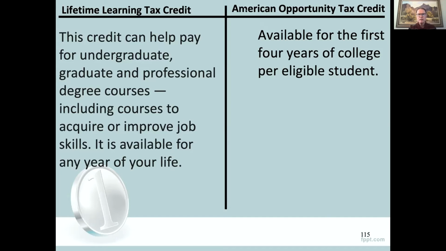You can take it and apply for a graduate, maybe you're taking a graduate course or professional degree course, but the key here is that second part after the dash, including courses to acquire or improve job skills. If you're working on acquiring or improving the job skills, that's a key for Lifetime Learning Credit.